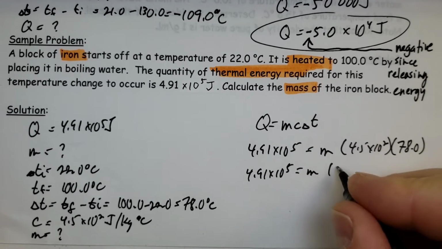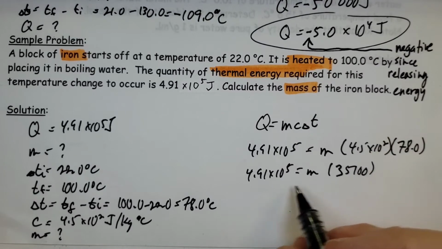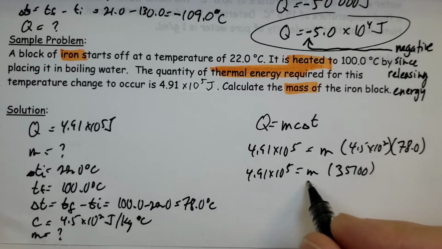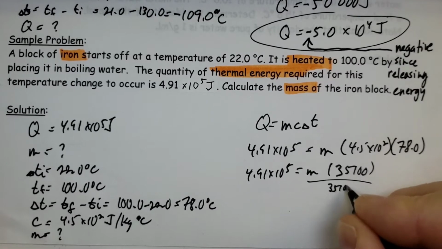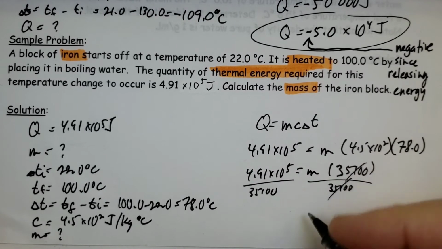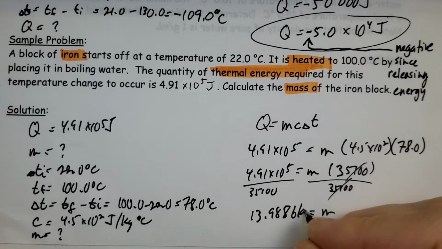Okay, so I can multiply that part together. When I do that, I get 35,100. To solve for m, it's m multiplied by 35,100, so divide by 35,100. m equals 13.9886 kilograms.